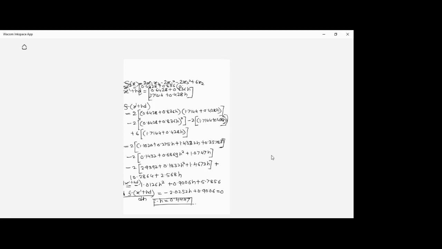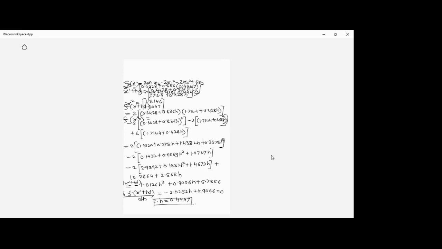Now we'll be putting the value of h here, and then 1.7144 plus 0.428, 0.4447 here. If you try and solve, the value of x2 will be coming out to be 1.0146, 1.9047.